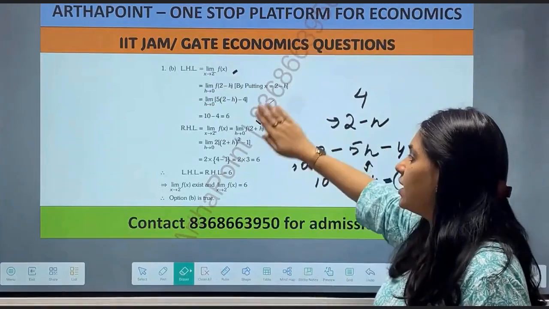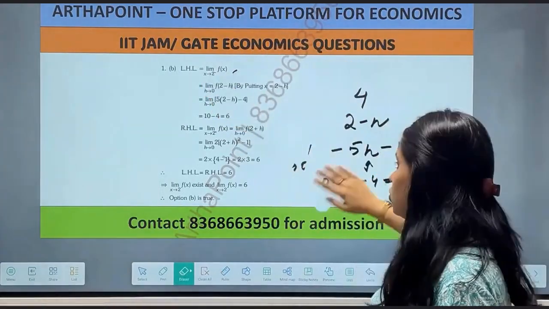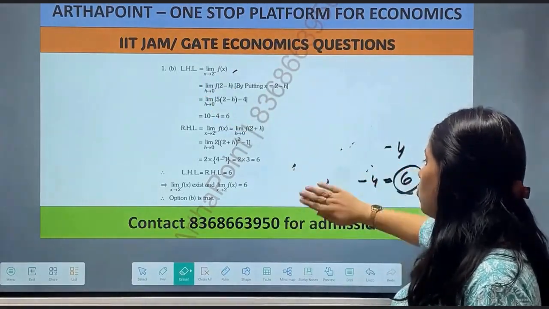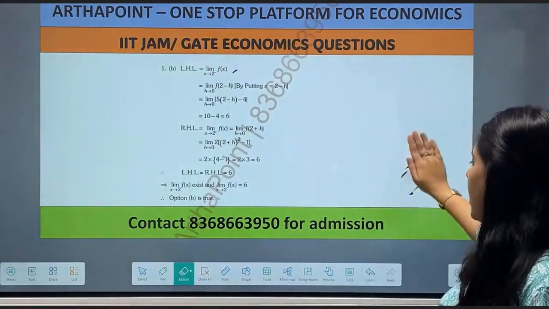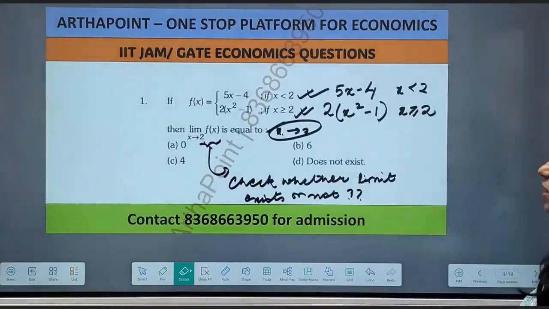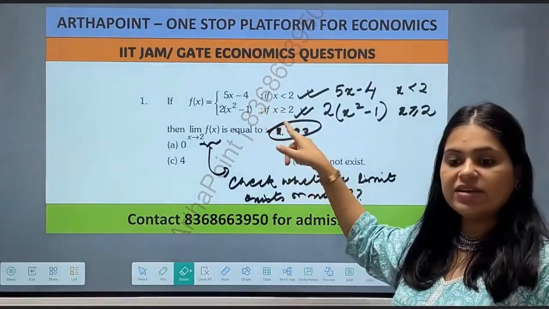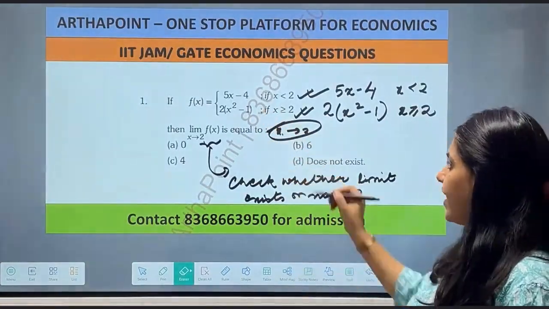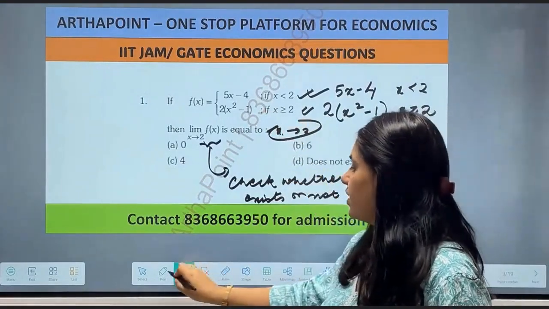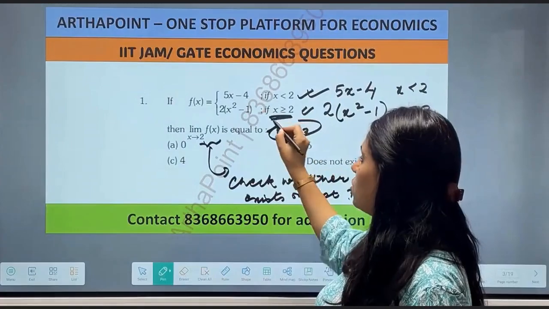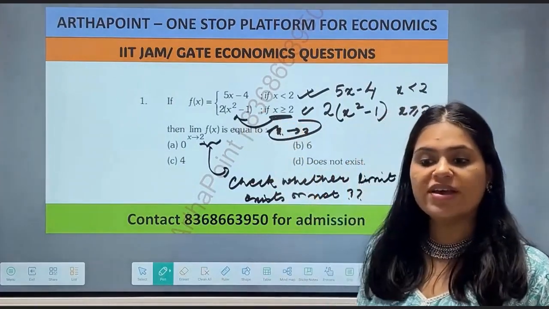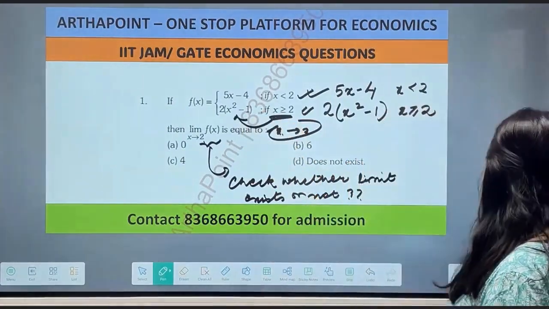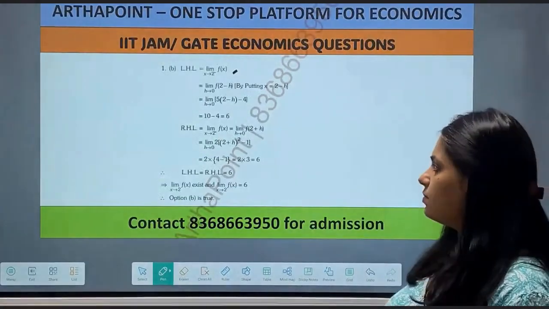So for the right hand limit, my function is changing. My function was different. So when I go and check the right hand limit, I see that, beta, my function it was 2x square minus 1. So for the right hand side, when x is greater than or equal to 2, I have my function as 2x square minus 1. So I need to put that in my function.